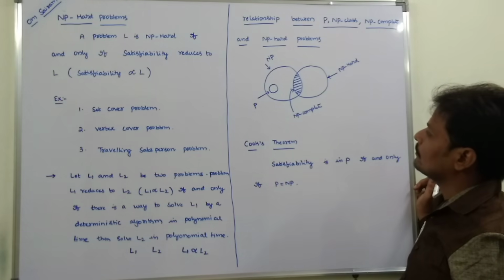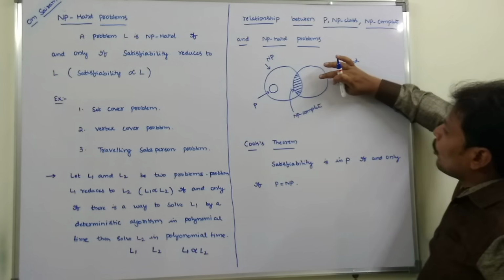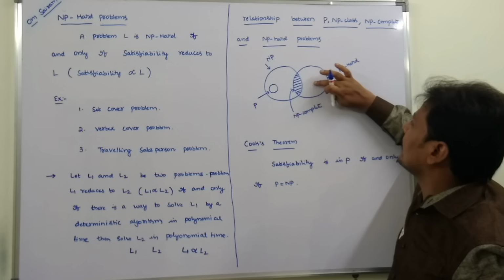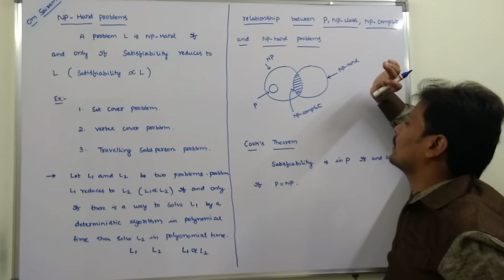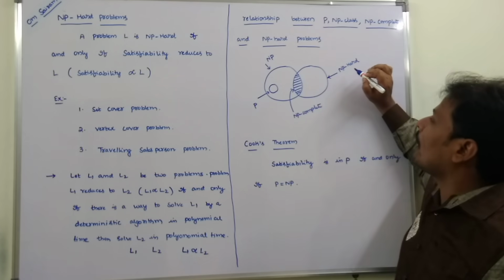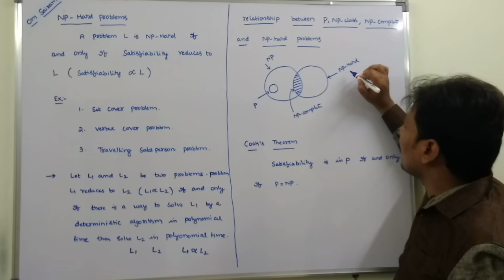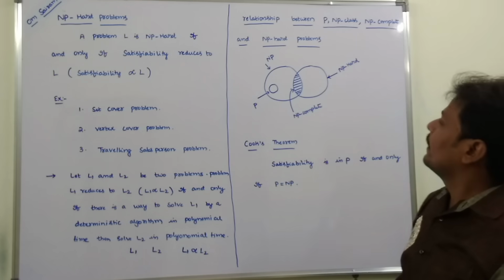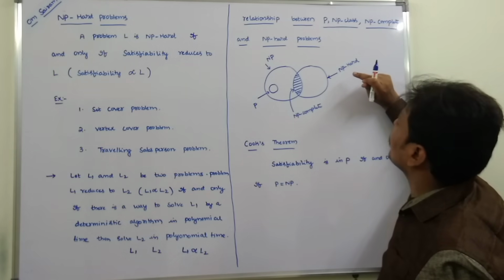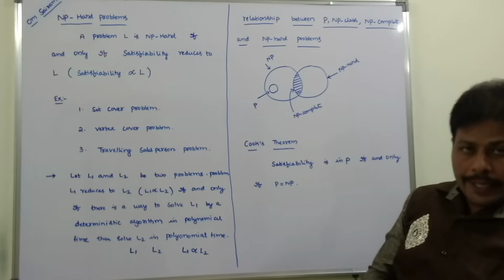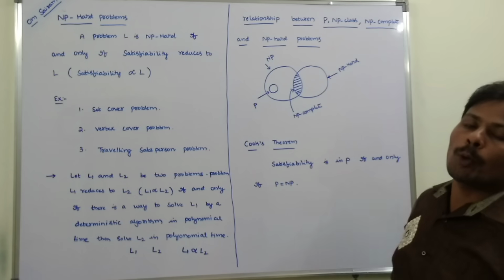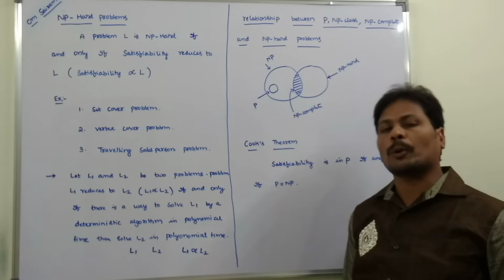How can you say that a problem L is NP-hard? If satisfiability is reducible to L, and it satisfies this property, then that problem is called NP-hard.